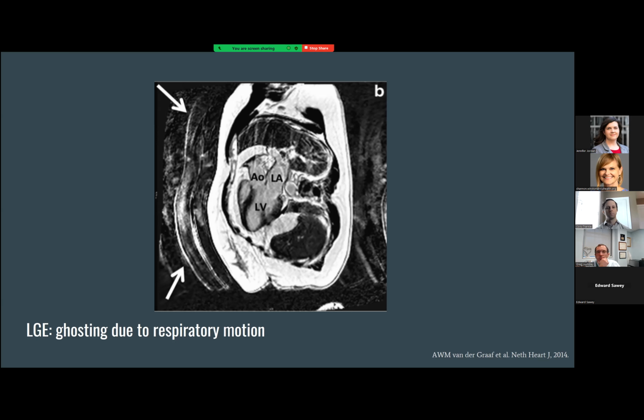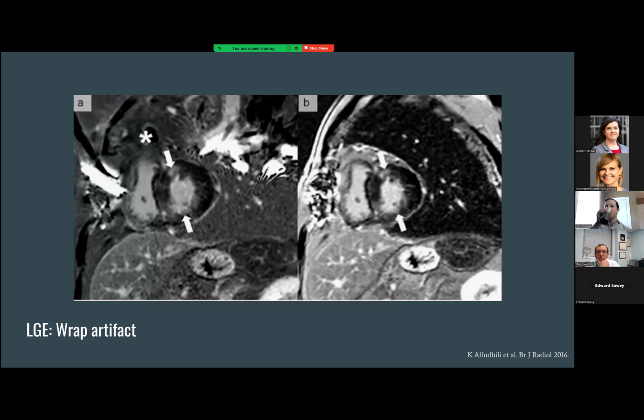And if we have wrap, not just ghosting, which is the repeated lines here, but if we have wrap into the image, that can also cause artificial features that may be hypo-intense or hyper-intense. So on the images on the left and right, we have our short axis LGE scans.